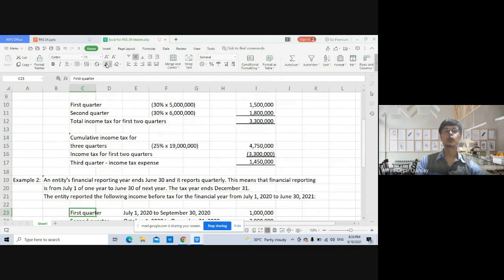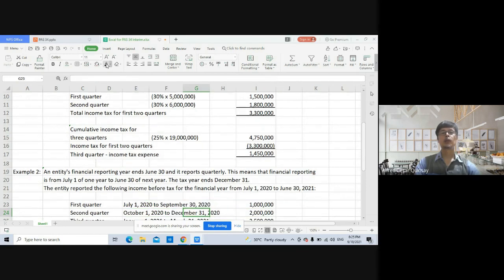The first quarter is from July 1, 2020 to September 30, 2020. Of course, they are using interim financial reporting by reporting in quarters. July 1 to September 30, 2020 is their first quarter, for 1 million, followed by the second quarter, October 1 to December 31, for 2 million.